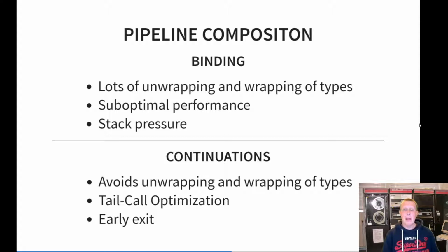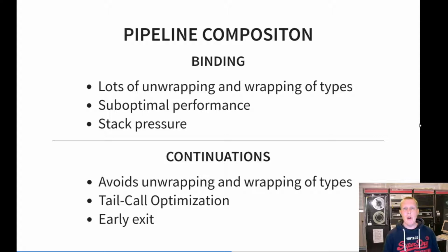Actually, the other thing that you can get from this is tail call optimization. So the compiler can optimize these things, so you can get rid of loads and loads of unnecessary function calls. And the third thing, which we haven't talked about, is that if you think of it as a continuation monad, it actually provides techniques that allow you to do early exit.